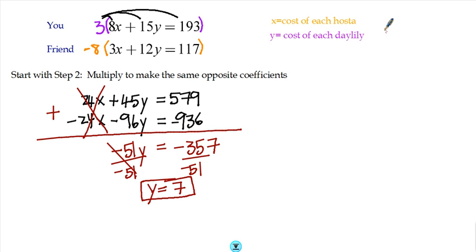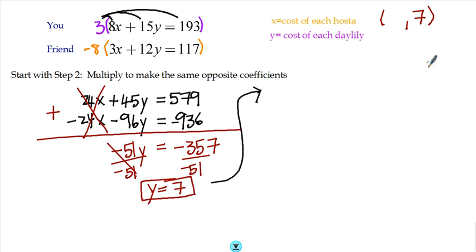So our solution so far, our y value is 7, so it'll be something comma 7. We only found half of our answer. So our next step is to substitute y equals 7 to solve for x. But again, you're going to substitute into one of these equations.